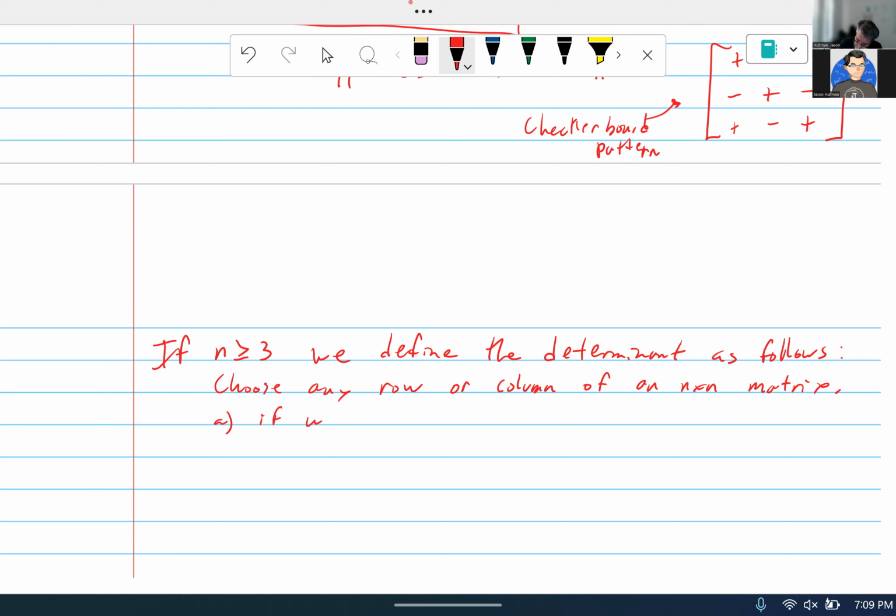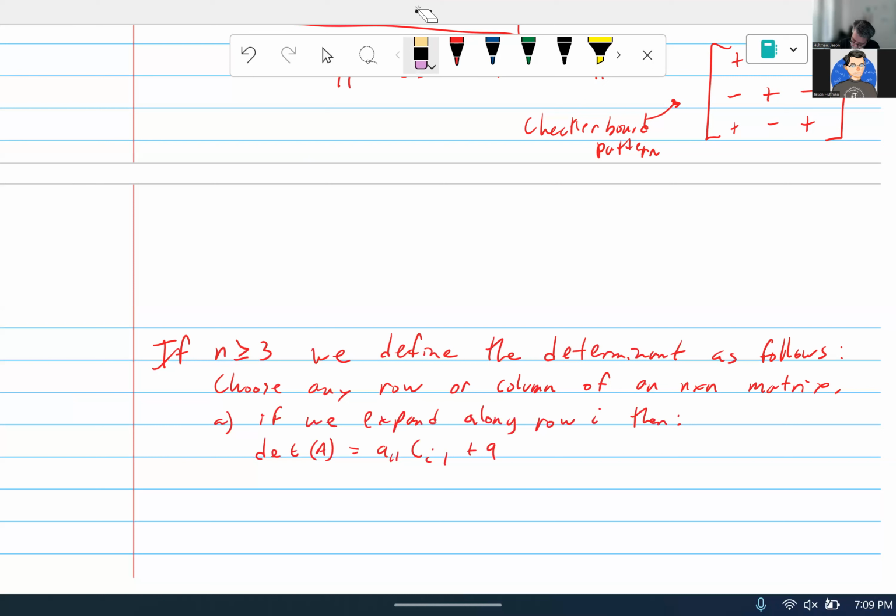If we expand along row i, then the determinant of matrix A is equal to a_i1 times its cofactor C_i1.